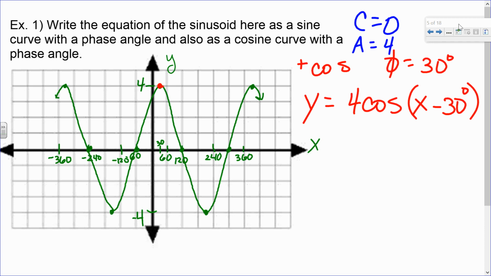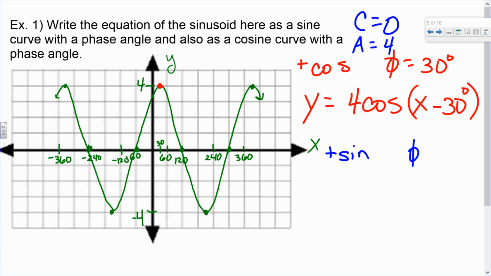What if we wanted to do this as a plus sine graph? Center line still 0? Amplitude still 4. A plus sine graph normally would cross the y-axis at what kind of point? Center line increasing or decreasing?